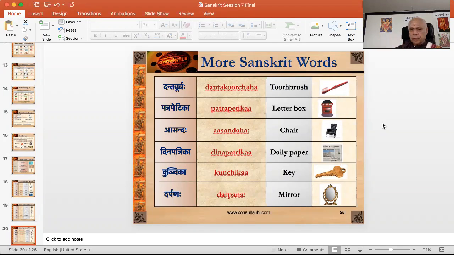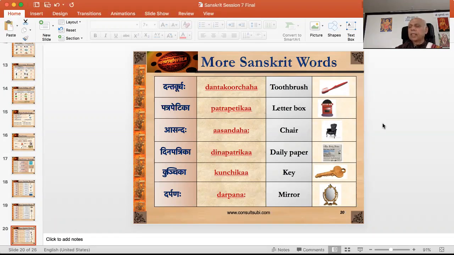Patram refers to letter, and petika is a box, letter box. Asantaha pitika is also same like a chair. Asanam you say, sometimes you say asanam, right? In yoga you use the word asanam. It is seating. Asantaha, chair.